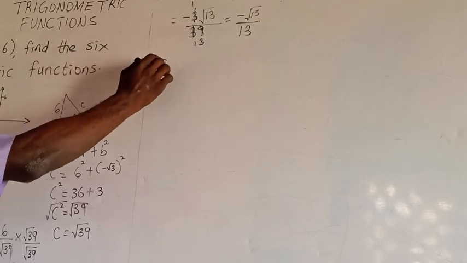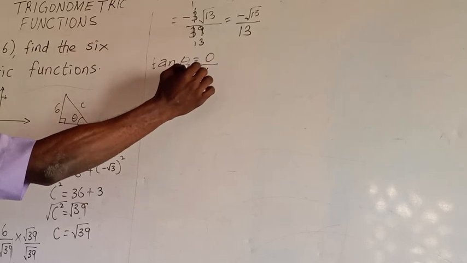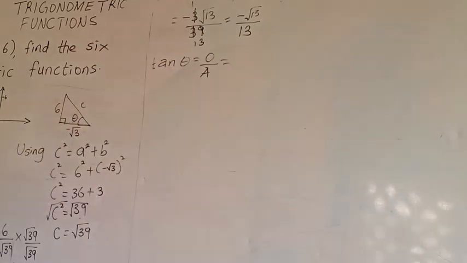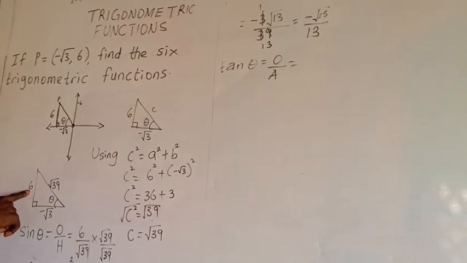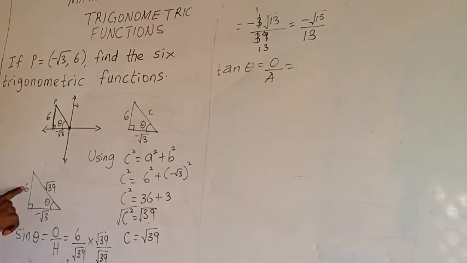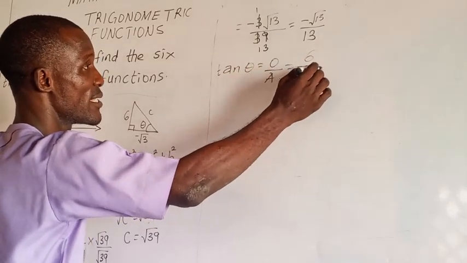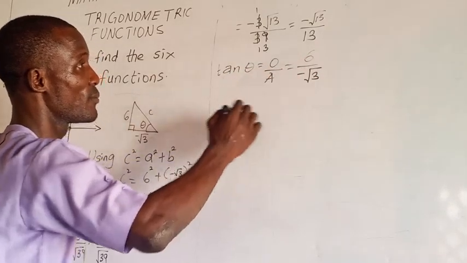Then the next thing is our tan theta, which is opposite over adjacent, I mean to say. Coming back to the triangle, our opposite is 6 and our adjacent is minus root 3. So this is giving us 6 over negative root 3.